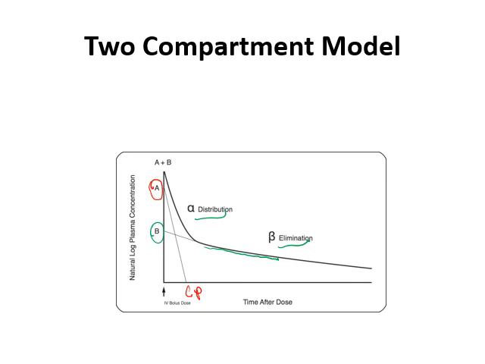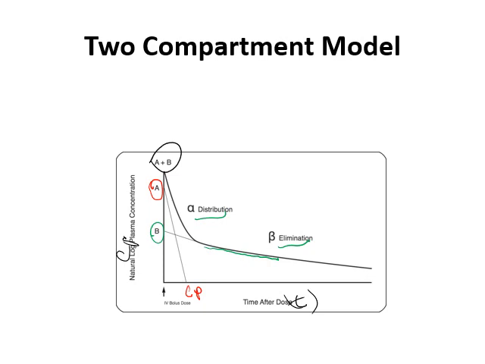So the total curve, A plus B, represents plasma concentration over a period of time. This is T, your period of time. Plasma concentration over a period of time. It is the summation of line A and line B. The alpha portion of the curve represents distribution.